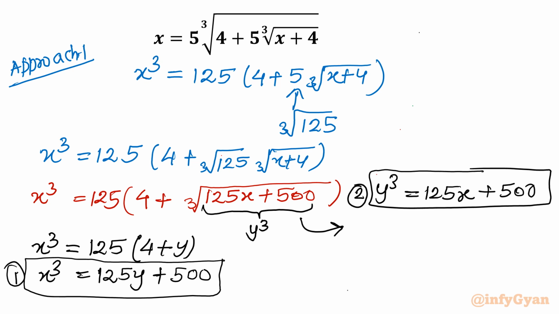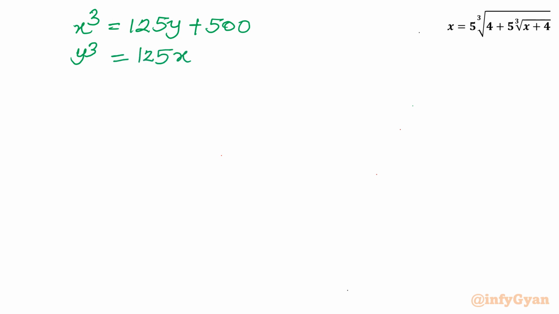Now you can check equation 1 and equation 2. They are symmetrical equations. So let us write separately. Equation 1: x cube is equal to 125y plus 500. Equation 2: y cube is equal to 125x plus 500. Now I will subtract the second from the first, change of sign.